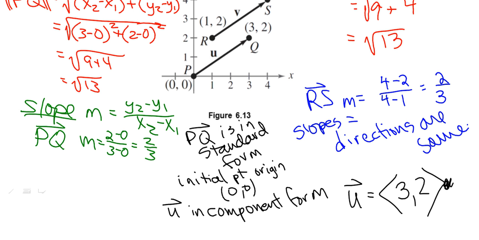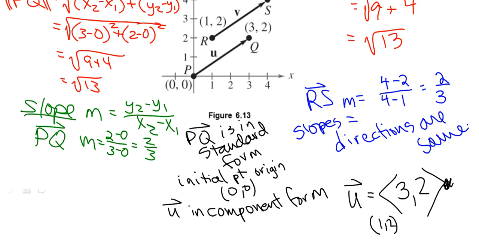The component form of those vectors, if we would start either of them at the origin, we would always end up at 3, 2 as we go. And when we know that component form, we can start anywhere. For instance, this R1 starts at 1, 2.